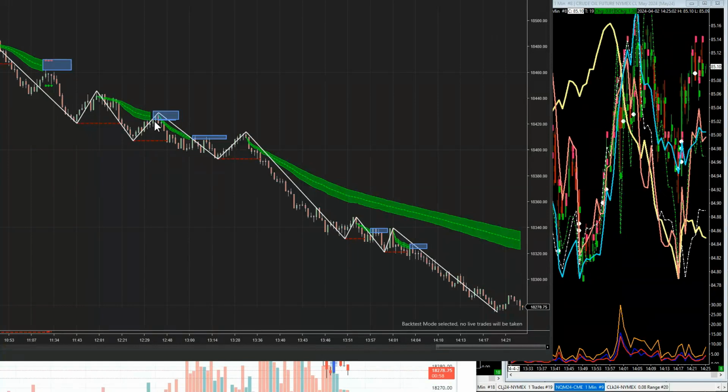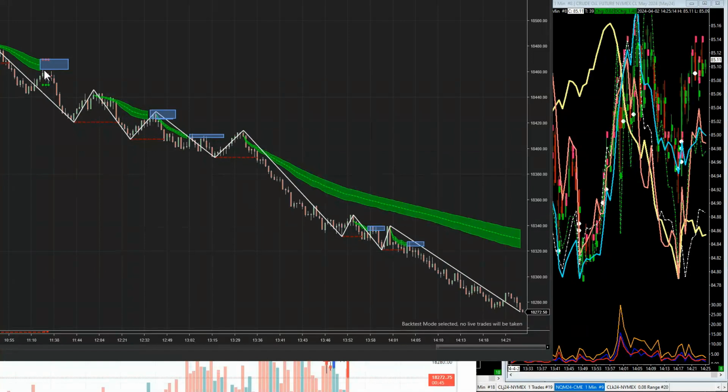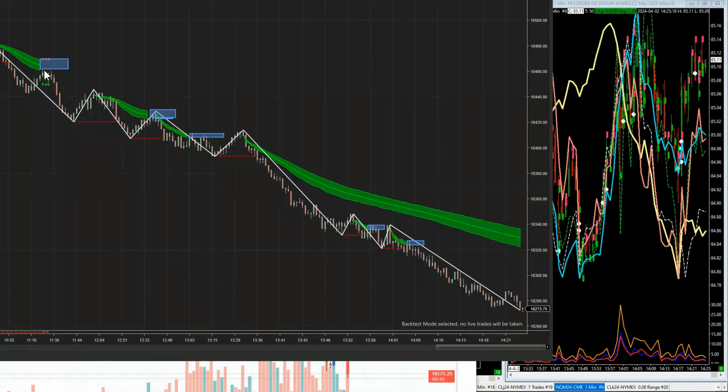And it would have sold here, and here, if you set it up properly. It would have sold here, and here. It would have sold as soon as the candle touches the green line.